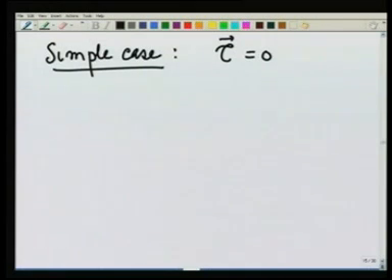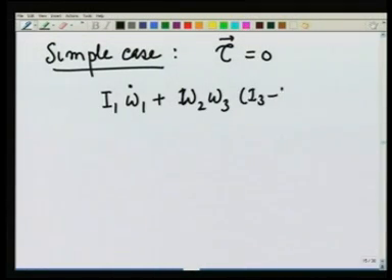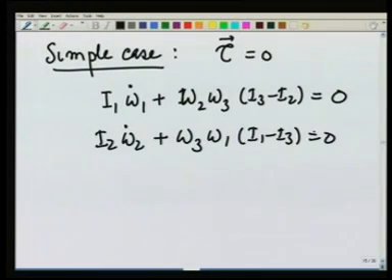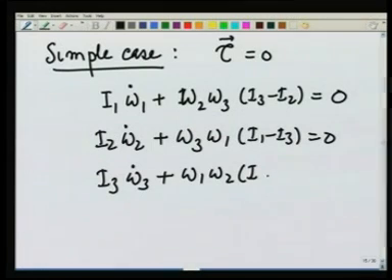If the external torque is 0, then the equations that we should be solving are I1 omega 1 dot plus omega 2 omega 3 (I3 minus I2) is equal to 0, I2 omega 2 dot plus omega 3 omega 1 (I1 minus I3) is equal to 0, and I3 omega 3 dot plus omega 1 omega 2 (I2 minus I1) is equal to 0.